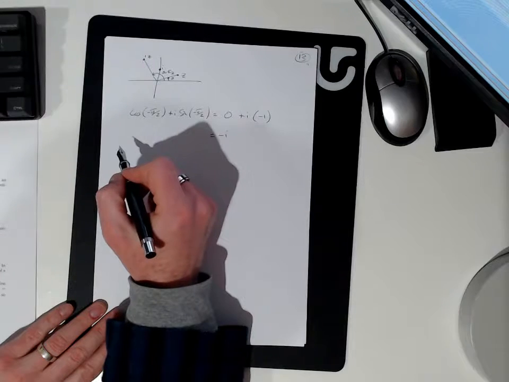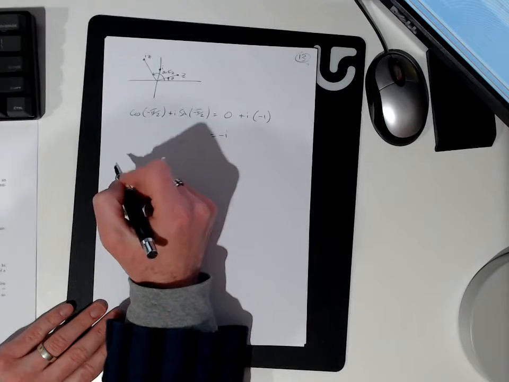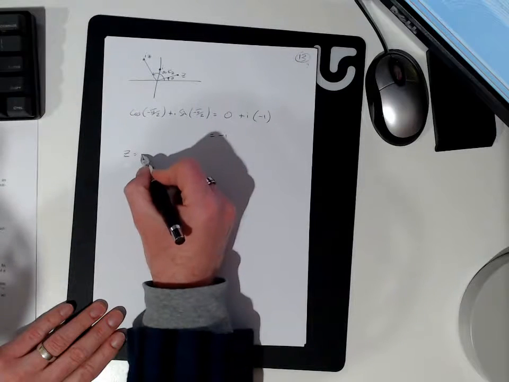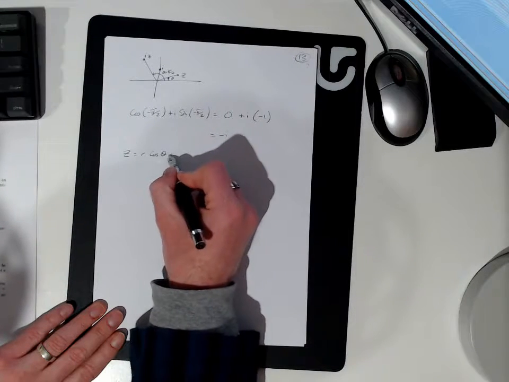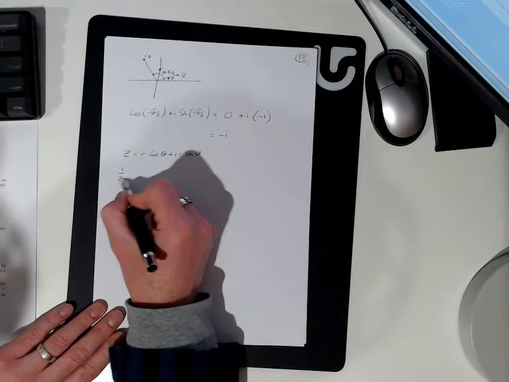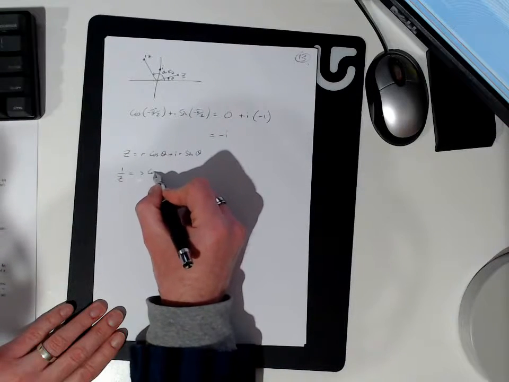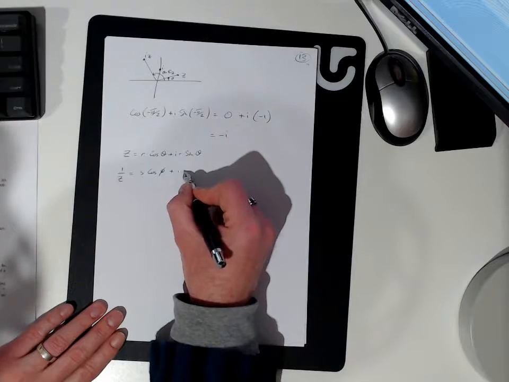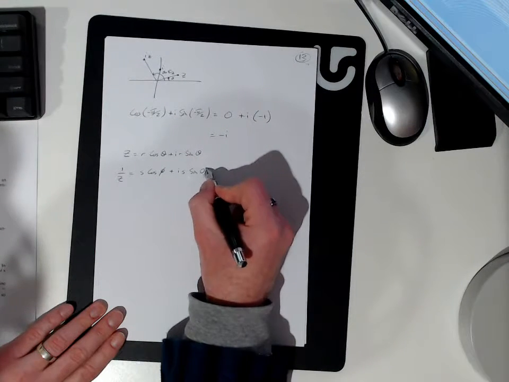So z equal to r cos theta plus i r sine theta, 1 over z is going to be s cos phi plus i s sine phi.